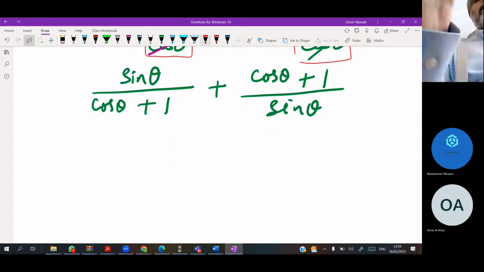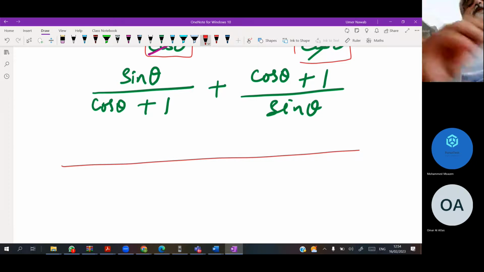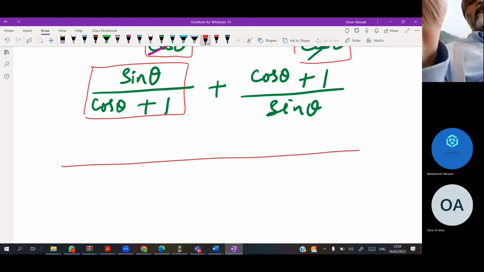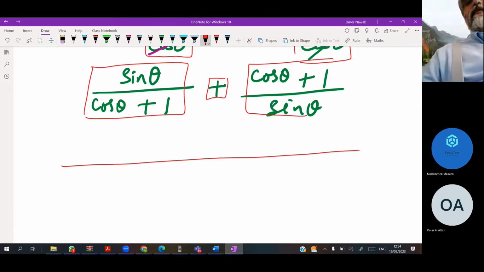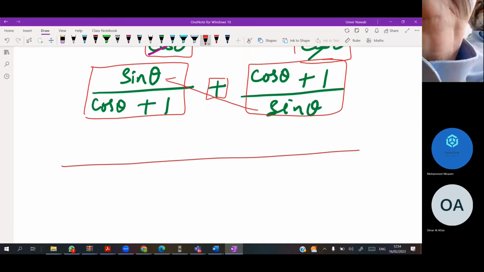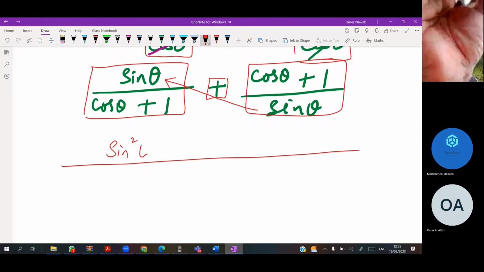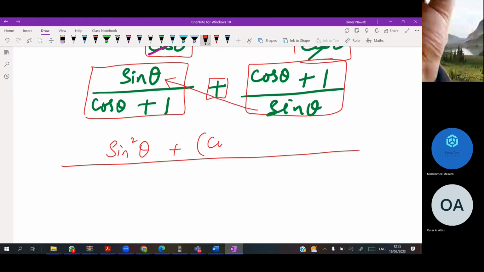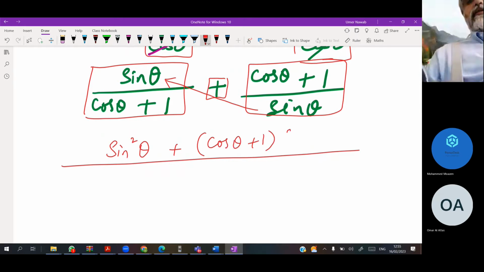Can I take the LCM? Yani, I have two fractions and there is a plus sign in between. What did you study? You need to multiply sine with sine. It gives you sine squared theta, and then you have cosine theta plus 1 multiplied by cosine theta plus 1.